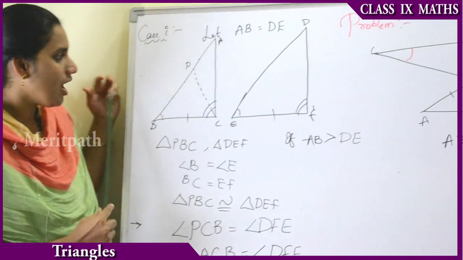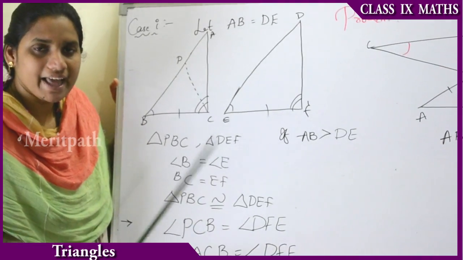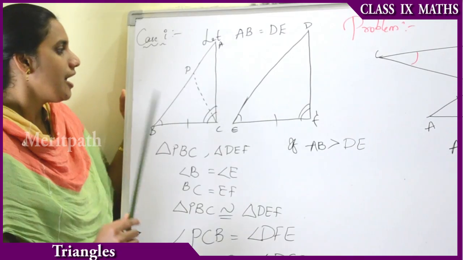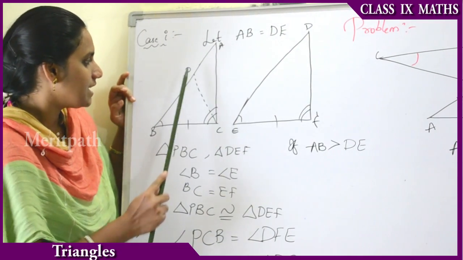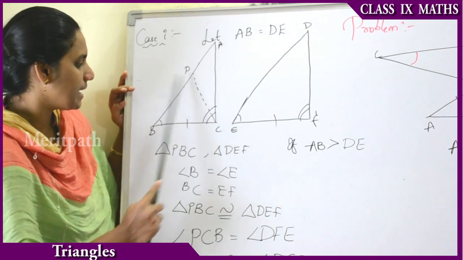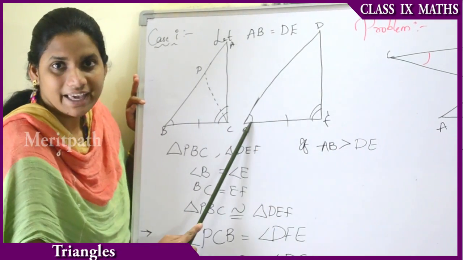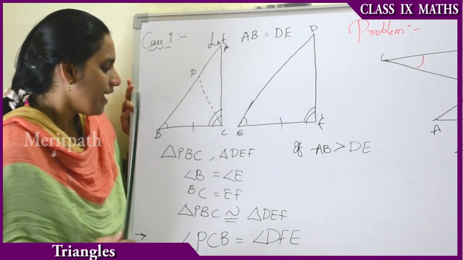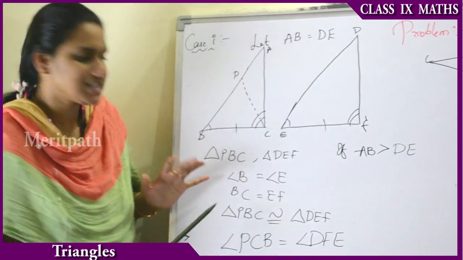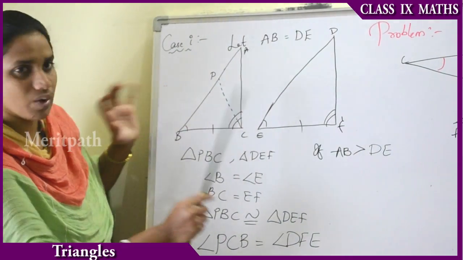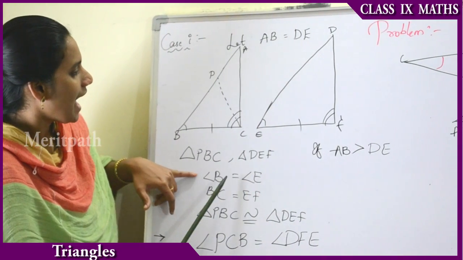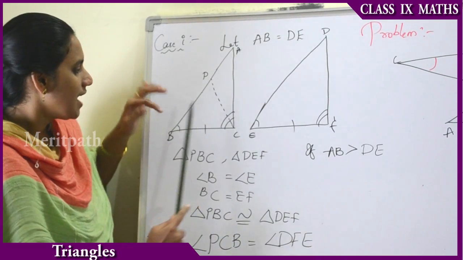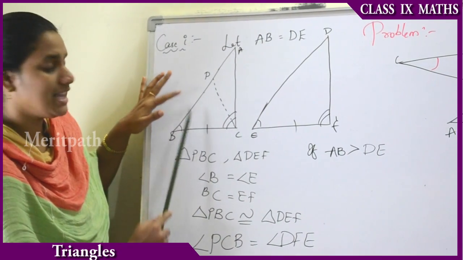Now, as per the side angle side congruency rule, we consider that the two sides are equal, that is, PB equals DE and at the same time BC equals EF. Therefore, angle B will be equal to angle E, because this is the angle included between these two sides.